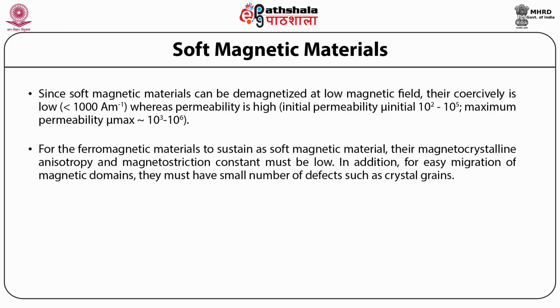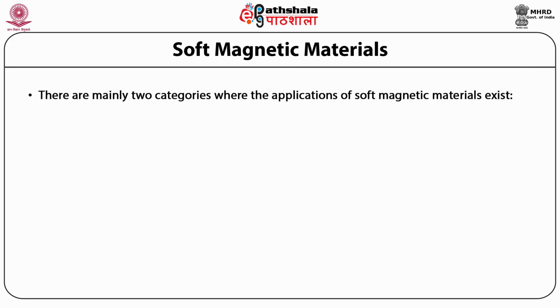For ferromagnetic materials to serve as soft magnetic material, their magnetocrystalline anisotropy and magnetostriction constant must be low. In addition, for easy migration of magnetic domains, they must have a small number of defects such as crystal grains.